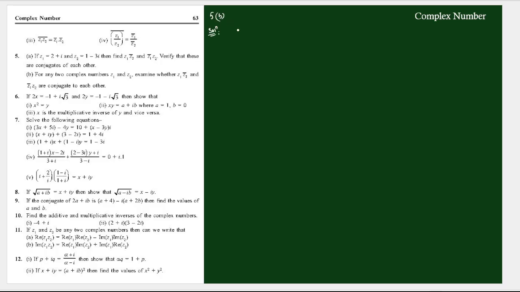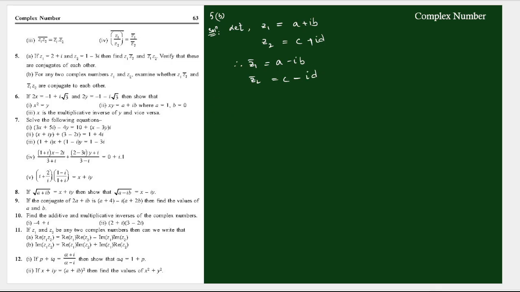So we need to take two complex numbers. Let z1 equal to a plus ib, then z2 will be c plus id. So z1 conjugate will be a minus ib, and conjugate of z2 will be c minus id.